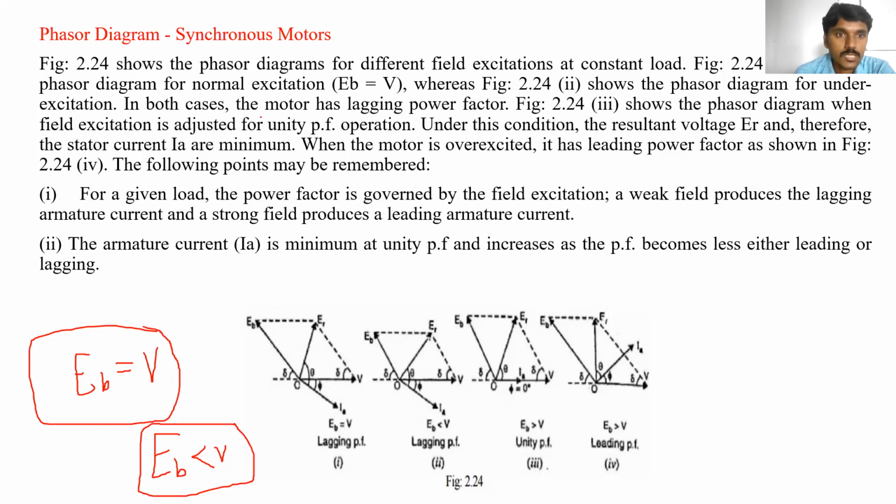In under excitation, the motor has lagging power factor, when the applied voltage is greater than the back EMF. In this case, the back EMF does not oppose the supplied voltage, so the magnitude of the back EMF is less than the magnitude of the applied voltage. Clear?